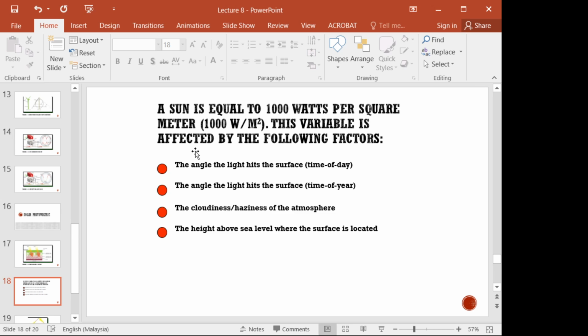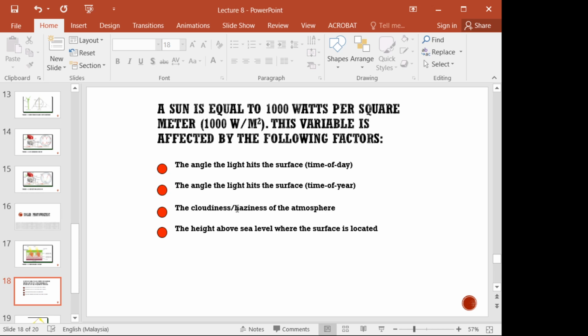And in Malaysia, the normal sun irradiation is about 1000 watts per square meter, but somehow it is affected by several variables. For example, the angle of the light that hits the PV surface, and the cloudiness or the haziness of the atmosphere.